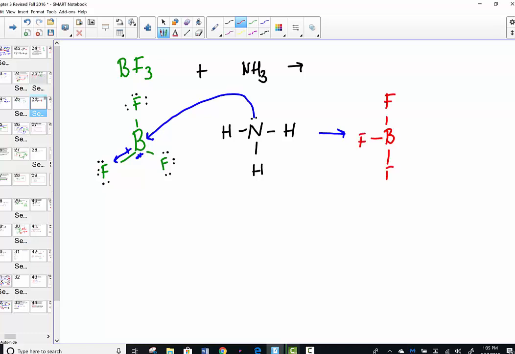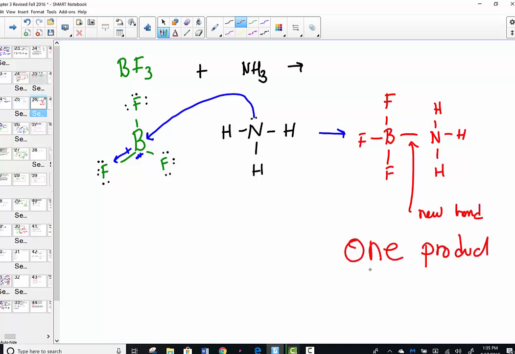The boron trifluoride is now simply attached to the nitrogen from the original ammonia molecule. This is a new bond that forms. Notice that we made one product. There is no such thing as conjugate pairs from the Bronsted-Lowry theory. It's not brought forward to the Lewis theory.